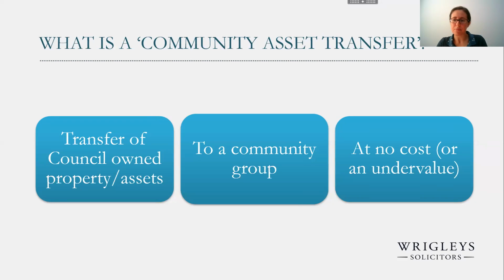The main difference there being that's a right to bid to acquire properties at full market value, whereas with community asset transfers, the idea is that it's either for nil value or certainly at an undervalue from market cost.